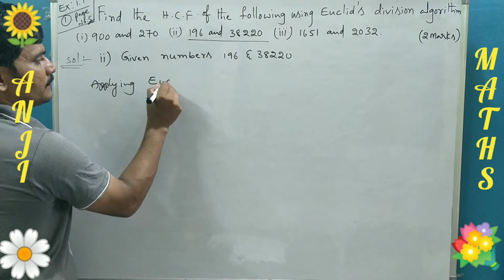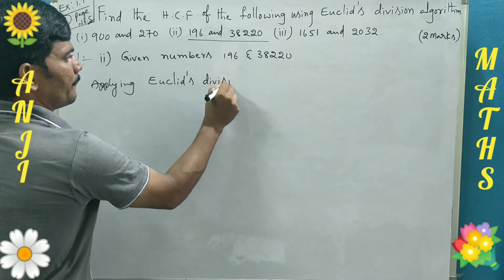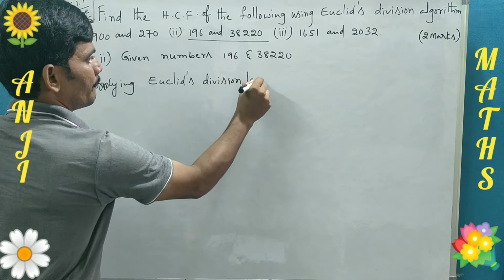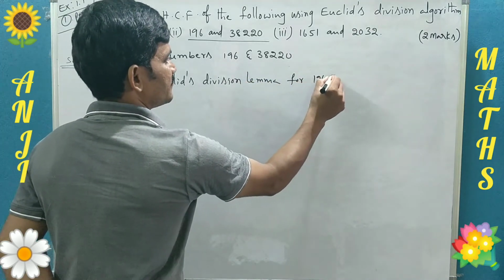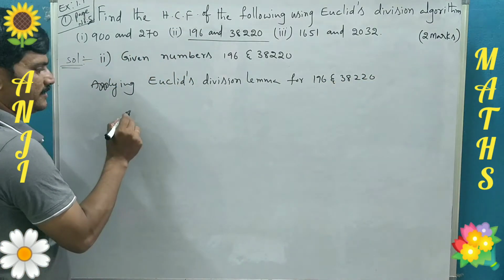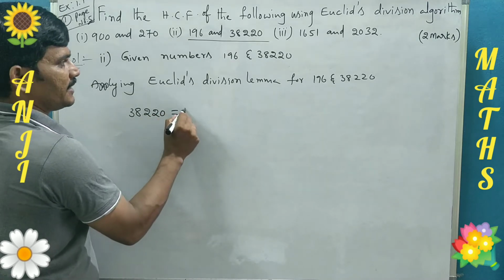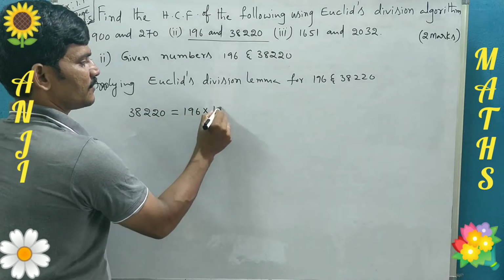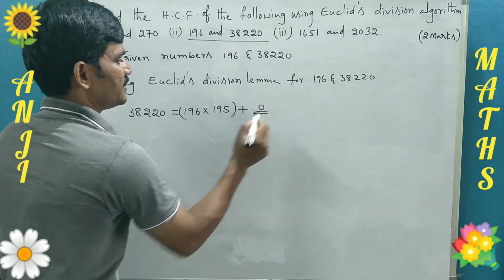Applying Euclid's division lemma for 196 and 38,220, what do we get? 38,220 can be written as 196 times 195 plus remainder 0.